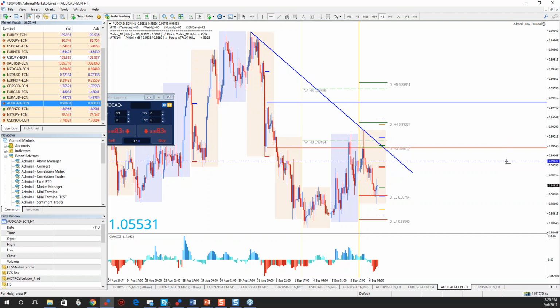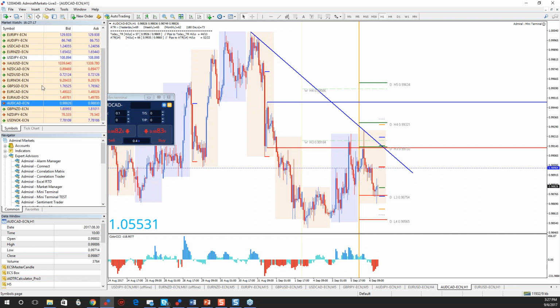You see, this is support, and there is a lot of buying here. So I would protect my profits if I were you, because you see, 1, 2, 3, 4, 5, 6 candles with big buyers, and every single candle had a close above daily L3. This could go up. I would protect my profits definitely.